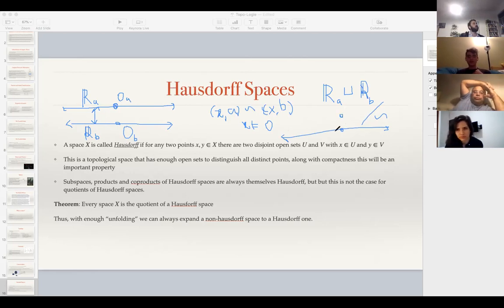These points are separate, but this one on top is actually contained in this open set here. It contains both of them, so it's very strange. So this is a non-Hausdorff space.